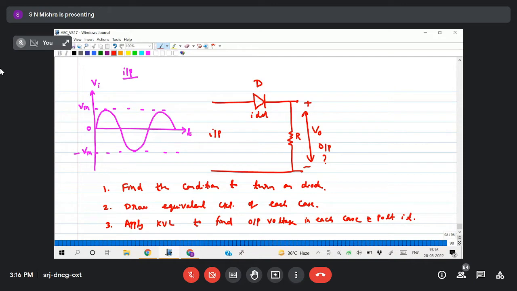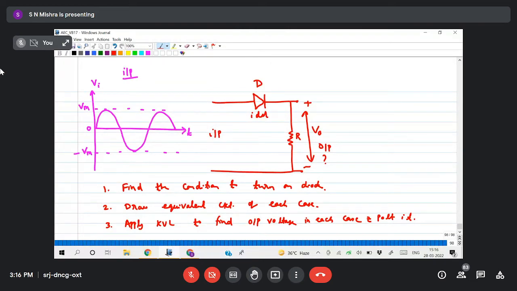You need to understand how to do it. Circuit is given, input is given. First you need to find out the condition when my diode is on, when my diode is off. Once you know the condition, then draw its equivalent circuit, then apply KVL, then draw the output waveform. So let us proceed with that.